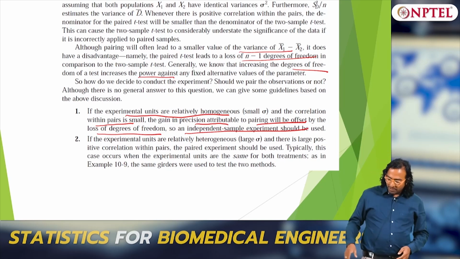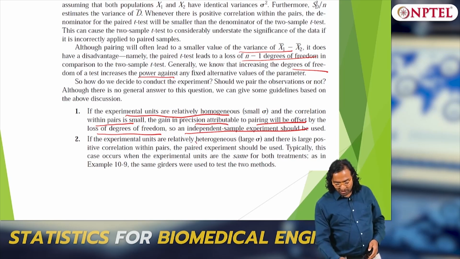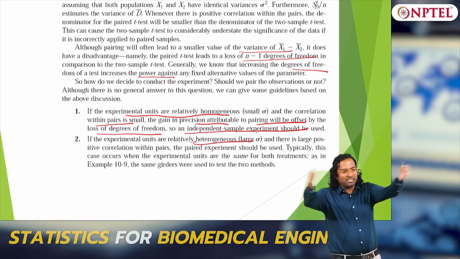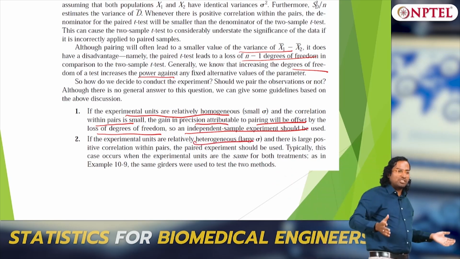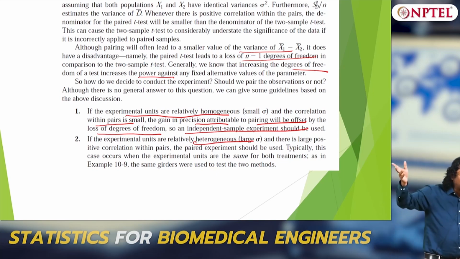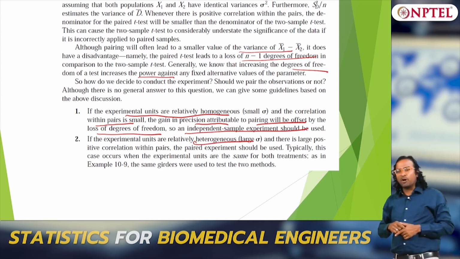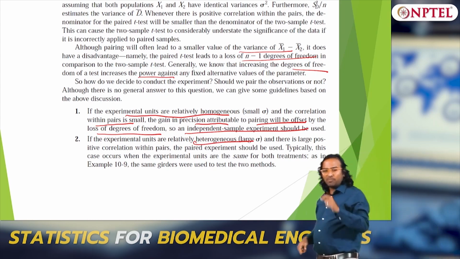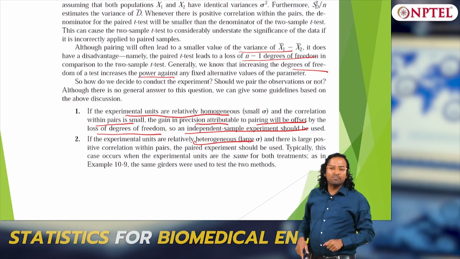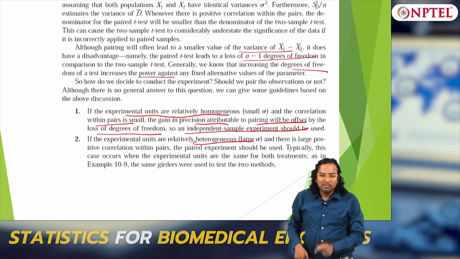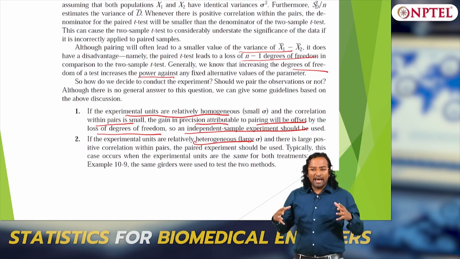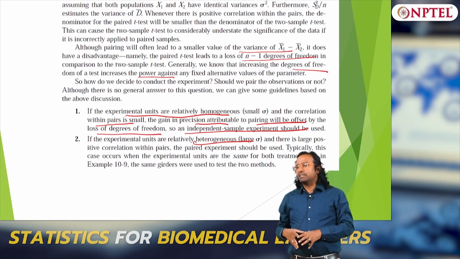Whereas if the experimental units are relatively heterogeneous, so the underlying population is heterogeneous, the results will depend upon which sample you are using. That is the issue: the results will depend upon the particular sample itself. Then it is better to do a paired t test, because the paired t test enforces homogeneity.